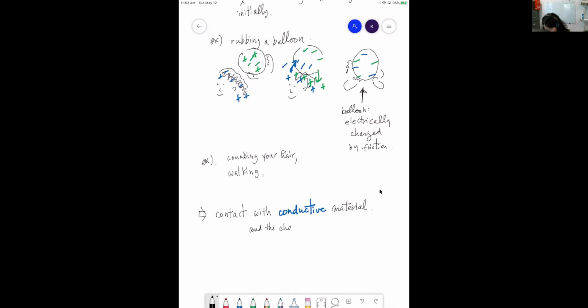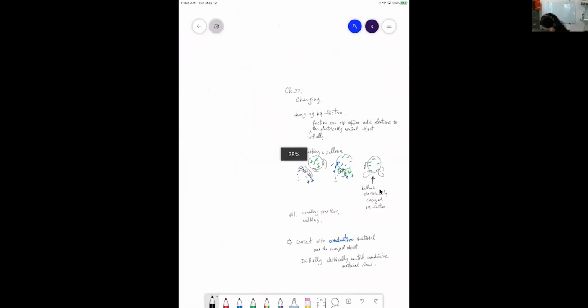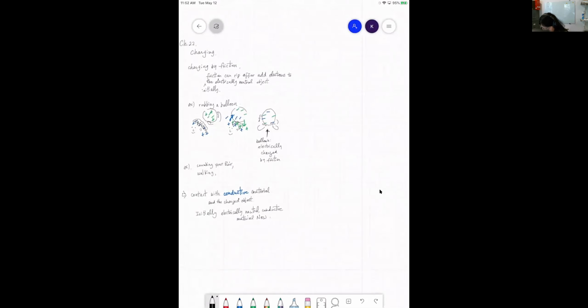The object was initially electrically neutral, conductive, and now is charged.